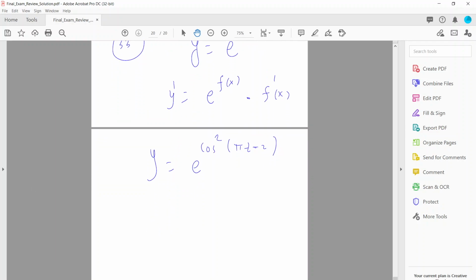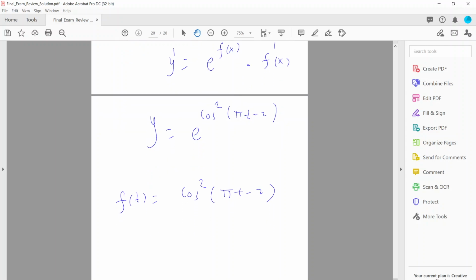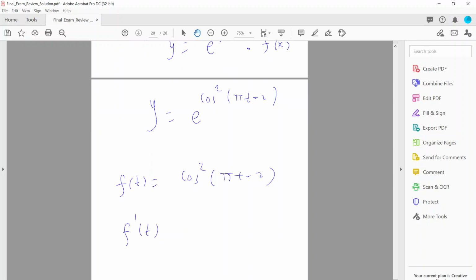So what is the derivative of this part? Let's say this is f of t. F of t is cosine square pi t minus 2. The derivative of this function is 2 times cosine pi t minus 2 times the derivative of cosine function, which is sine pi t minus 2.